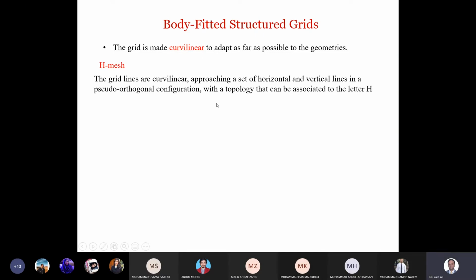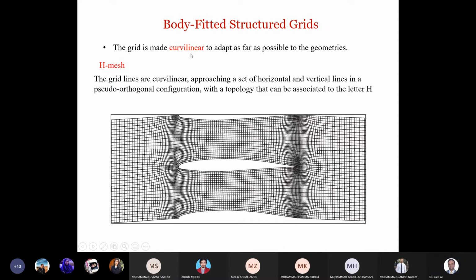There you don't stick to a Cartesian type mesh, which is purely orthogonal, but you create a mesh in a way which is curvilinear and which follows the curvature of the body itself. So there you don't have a perfect Cartesian mesh, but you have a structured mesh, okay, but it is fitted around the body. It is called body fitted structured mesh.